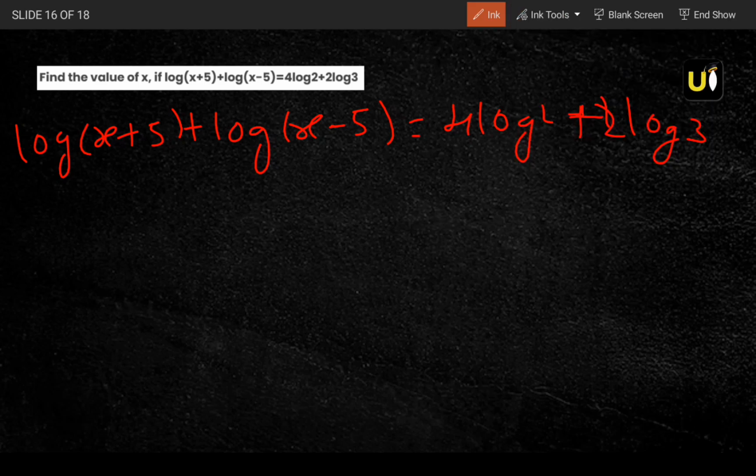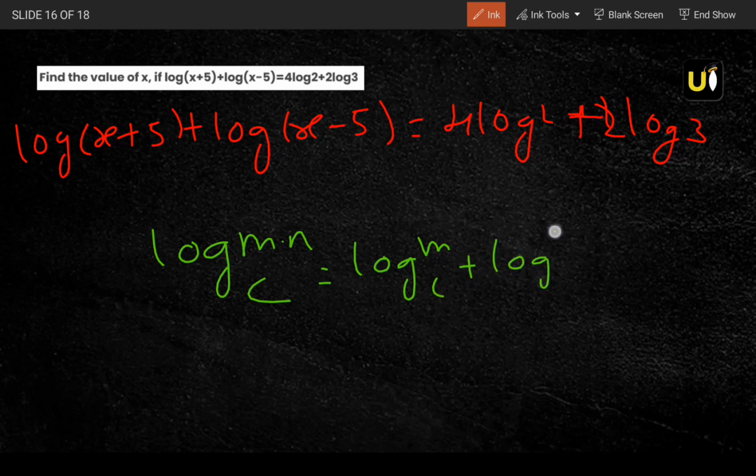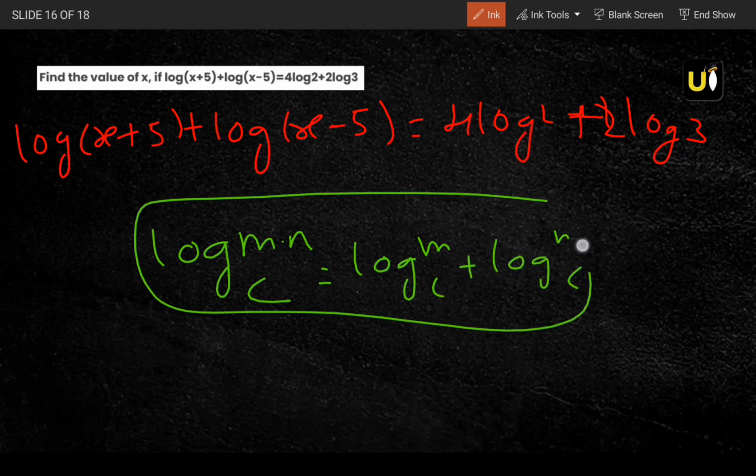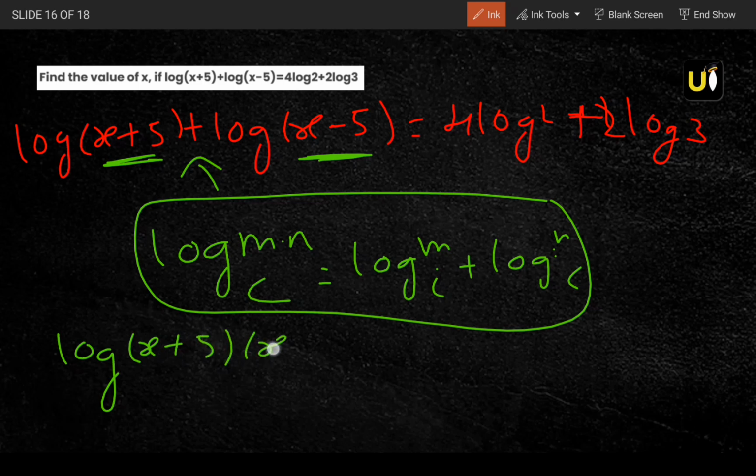See, we have discussed a property that log m into n to the base c can be written as log m to the base c plus log n to the base c. Here we are having log m to the base c and log n to the base c, where m is x plus 5 and n is x minus 5. That means this can be written as log (x plus 5) into (x minus 5).